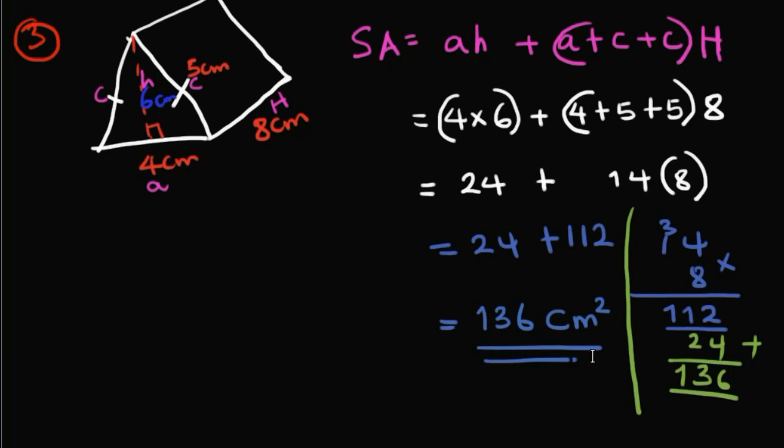So this becomes your surface area. So I believe you can see how we can find the surface area of a right triangular prism and an isosceles triangular prism.